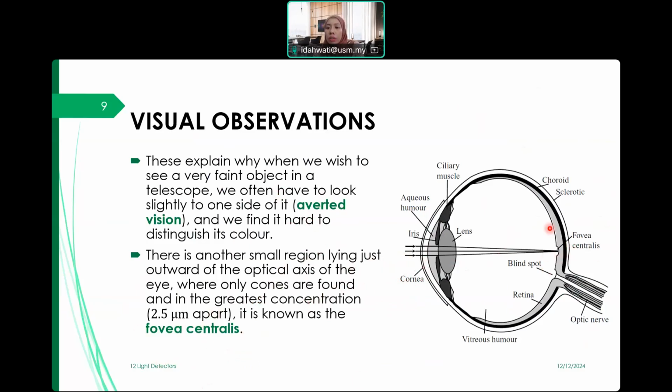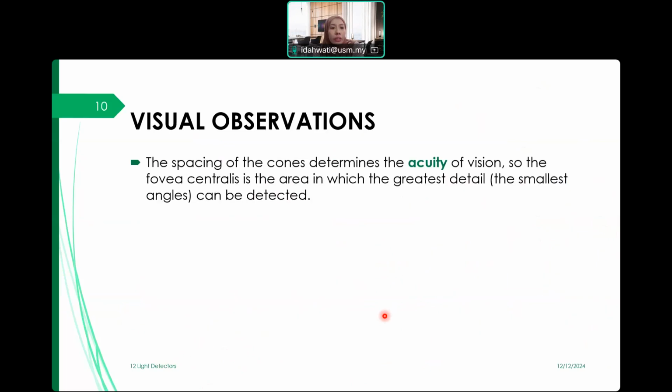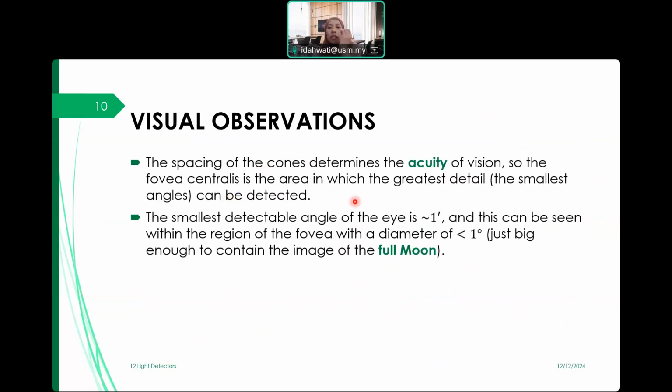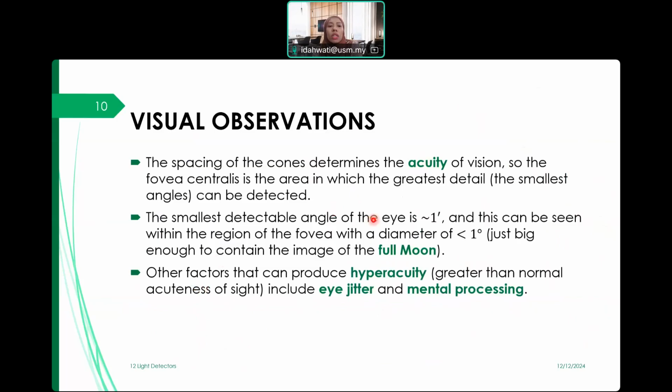Also, the spacing of the cones determines the acuity of vision, and the smallest detectable angle of the eye is about 1 degree.